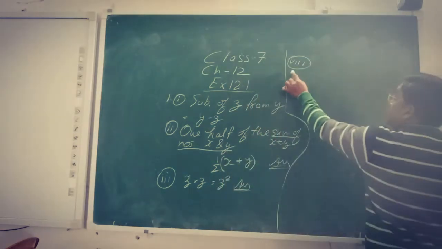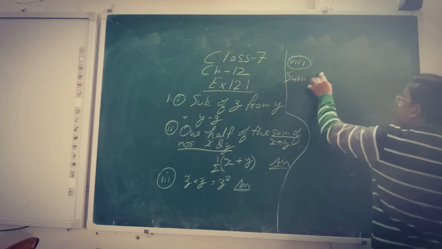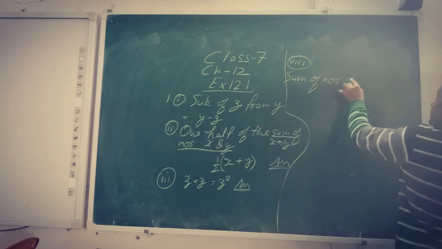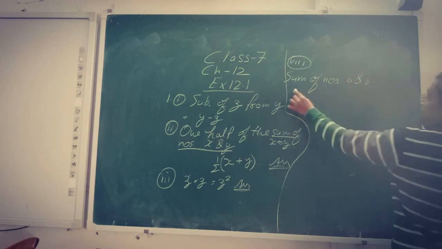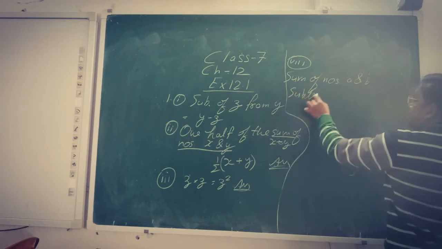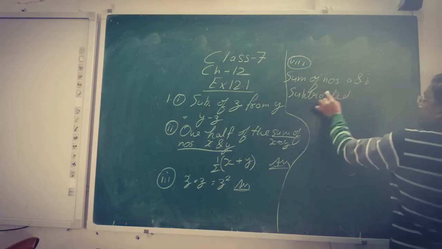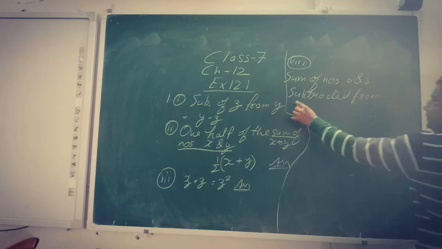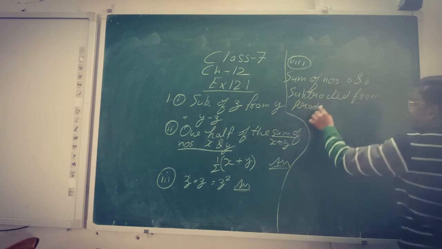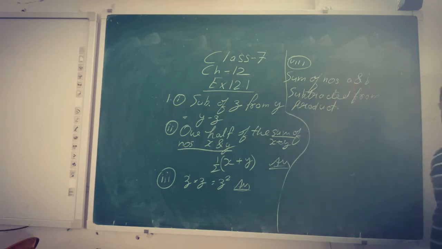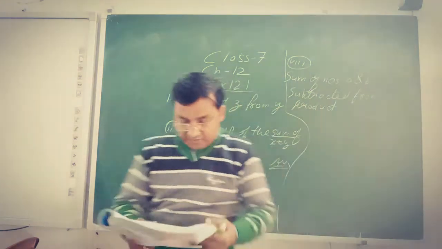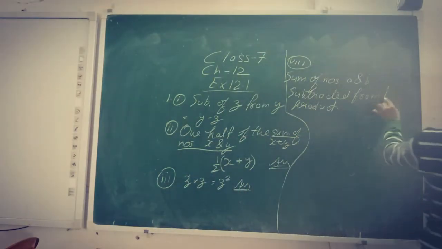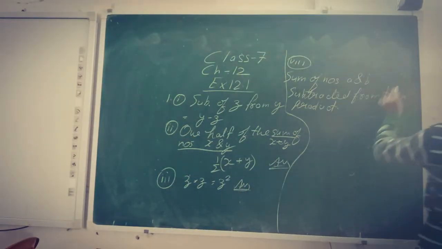So sum of numbers a and b subtracted from their product. Let us apply our trick here. From their product.